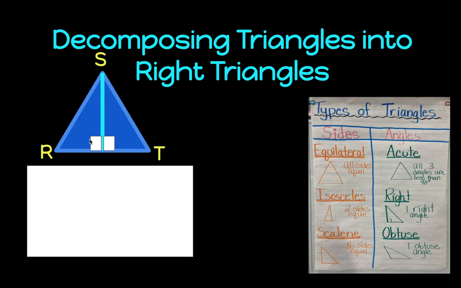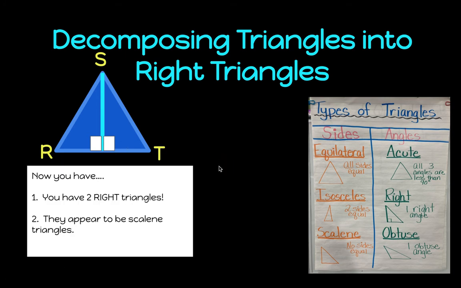Remember these little squares, well, they're supposed to be squares, but these mean that those are right angles. And if I look at my anchor chart, if a triangle has 1 right angle, then it is a right triangle. I kind of just gave away the answers. So now you have 2 right triangles, and they appear to be scalene triangles. If I name it by its sides, a scalene triangle has no sides that are equal.